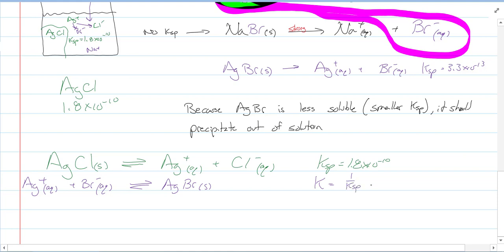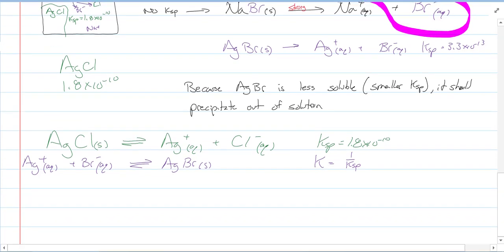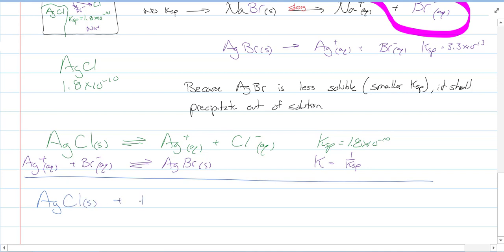Right, we invert the reaction, we invert the K. Adding them up, silver ion would cancel, and so I would have AgCl solid plus bromide going to AgBr solid plus chloride.